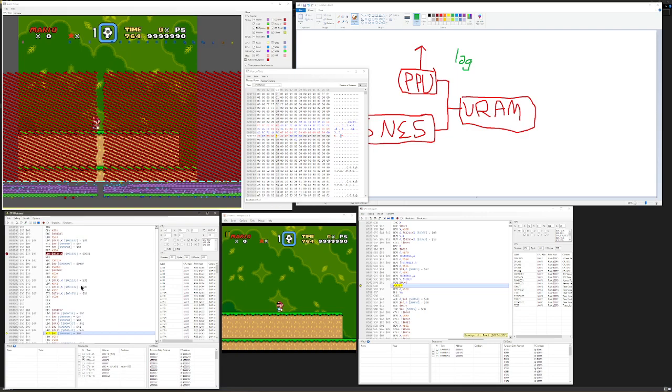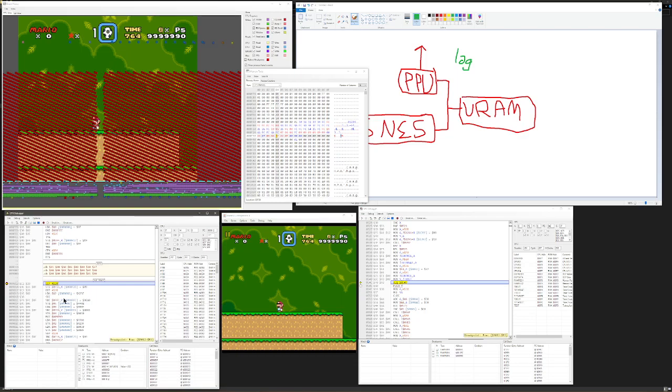Give me a moment. I think this is the routine that we want. Go there. One of these is calculating the score. Okay, and then we gotta find the RTS.